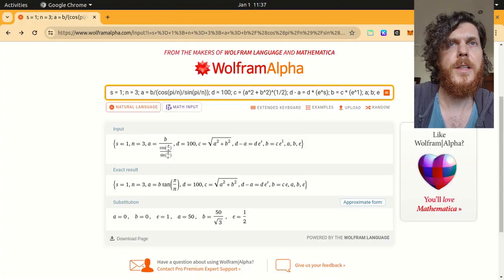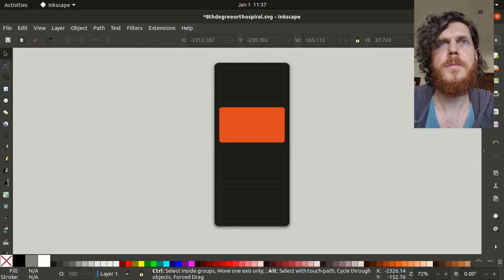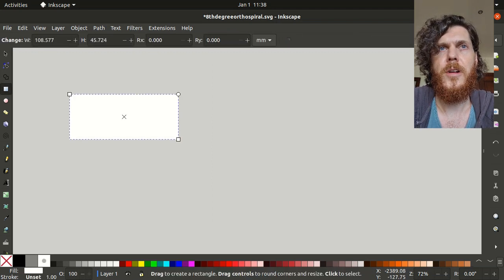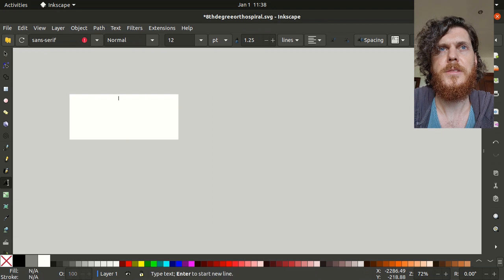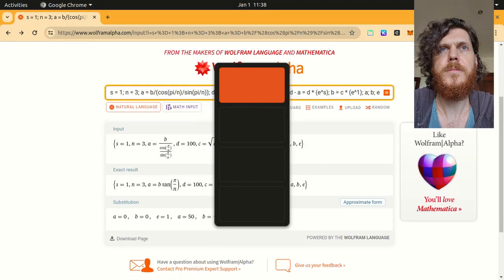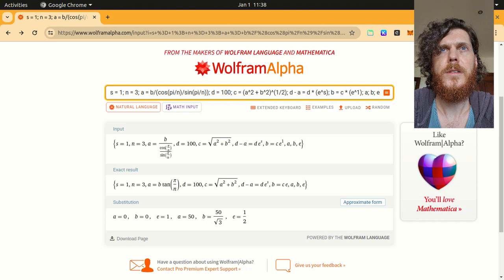So here's that formula in Wolfram Alpha, and let's see how this works. So here's the original rectangle that we'll use to form our right angle trapezoid. Side D is 100.